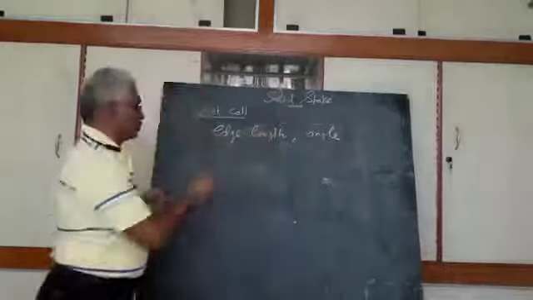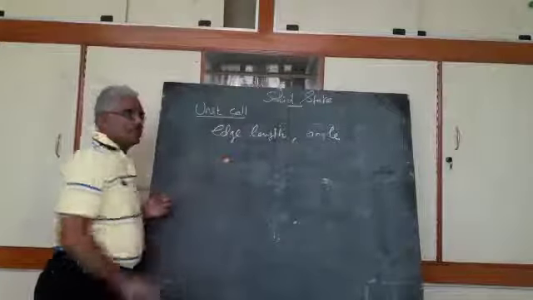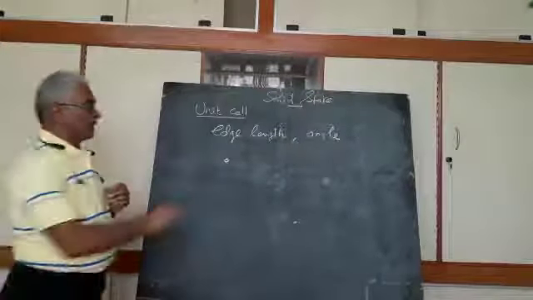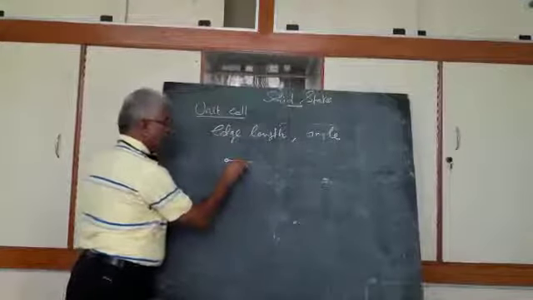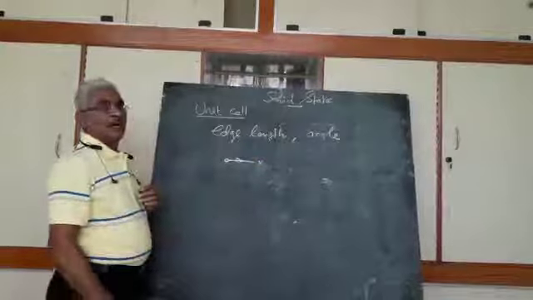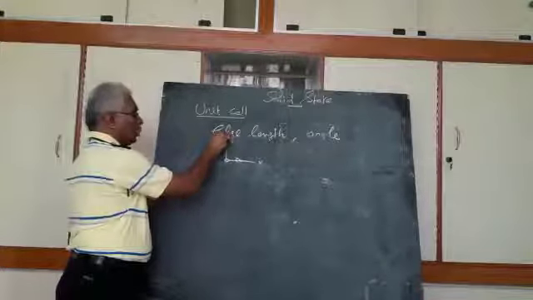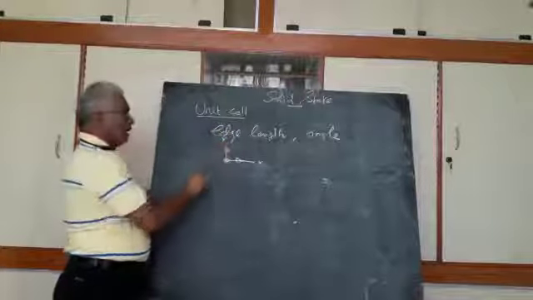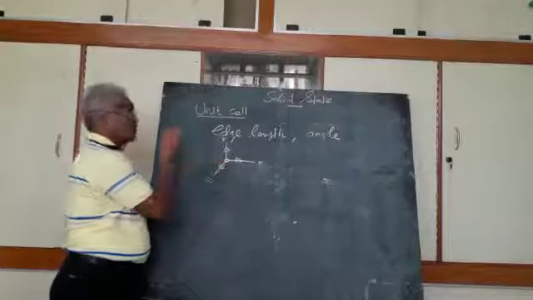So let me assume one atom at the center of the crystal. You can consider another adjacent atom in the x-axis, and next another adjacent atom in the y-axis, and the next adjacent atom in the z-axis.